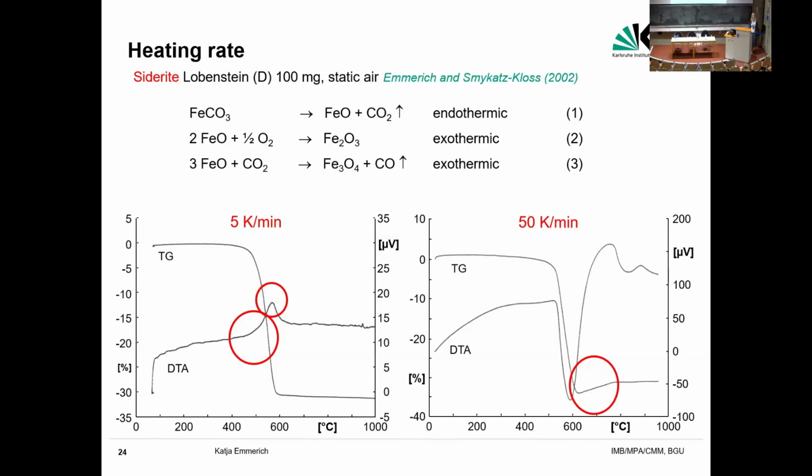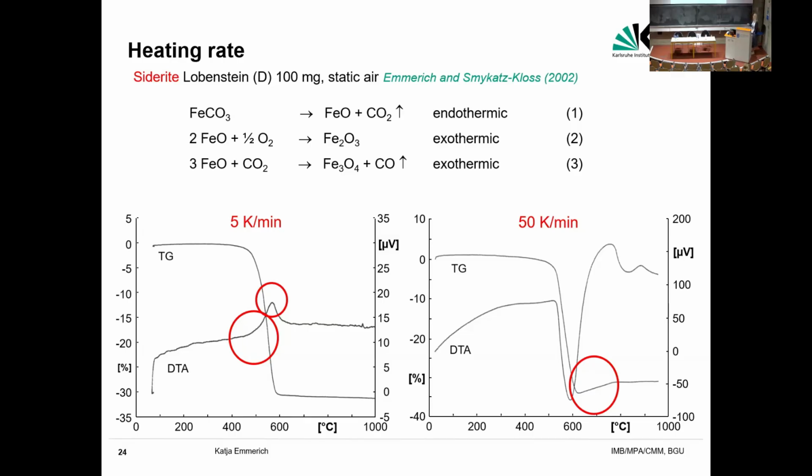The most common heating rate would be 10 Kelvin per minute, but very often 5 Kelvin or 20 Kelvin per minute are applied. And when you have a look at the TG curve, you see only a mass loss, a strong mass loss. This could be related to the decomposition, but you don't see any mass gain from the oxidation.